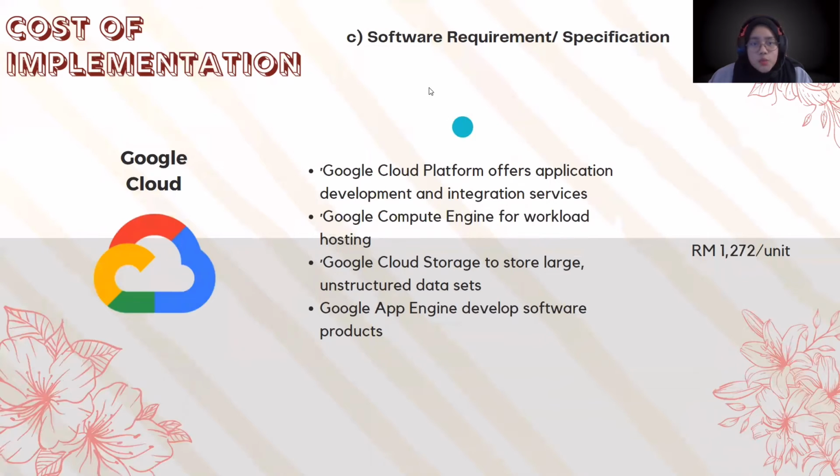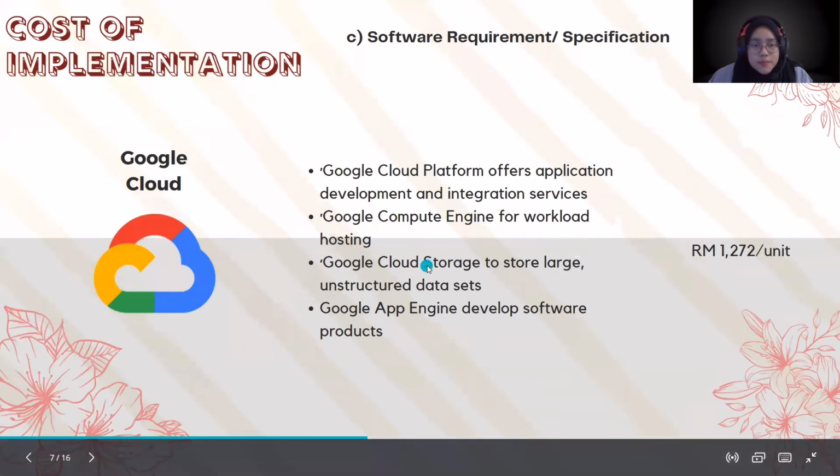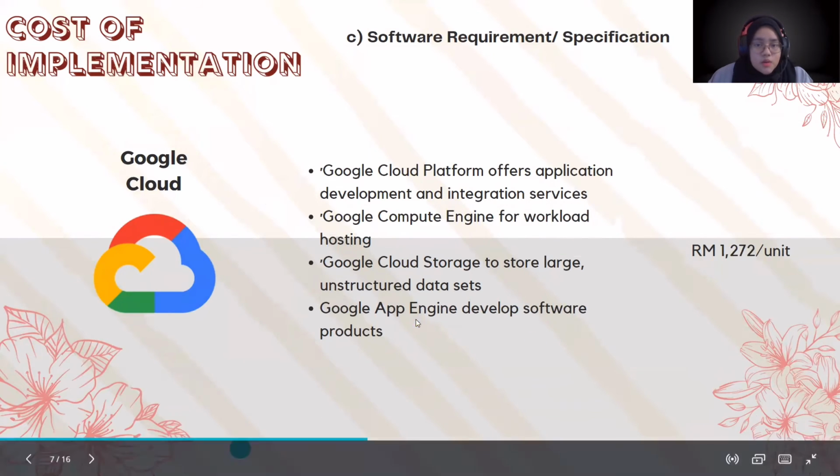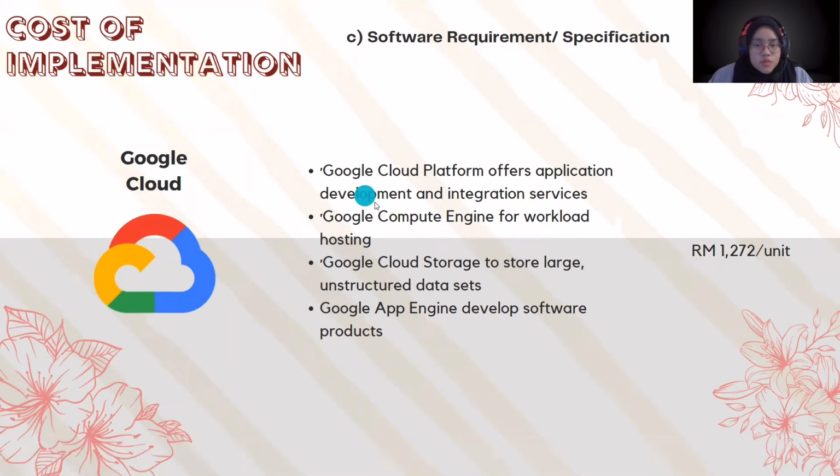And the third one is software requirement. In this Sakura Sendirian Pet project, we use Google Cloud for the storage because the Google Cloud platform offers application development and integration services. Also, Google Cloud has Google Compute Engine, which is for workload hosting.